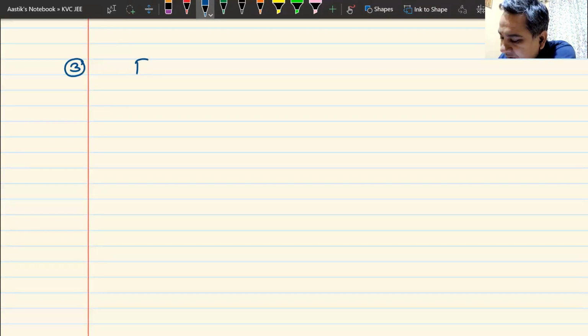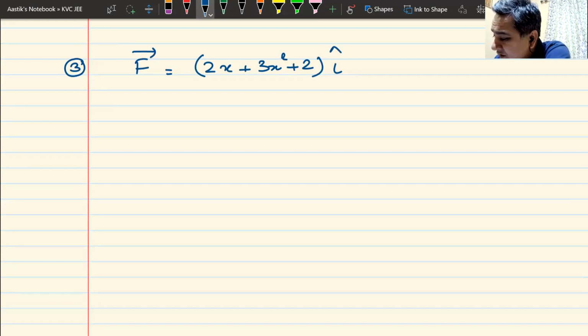Let me now give you an example and let us see if anyone can answer. Now this is the most difficult force that can ever come in a JEE exam. It will never ever come. This is too beyond JEE. But now I'm giving you this. Can you tell me whether this is a conservative force or not?